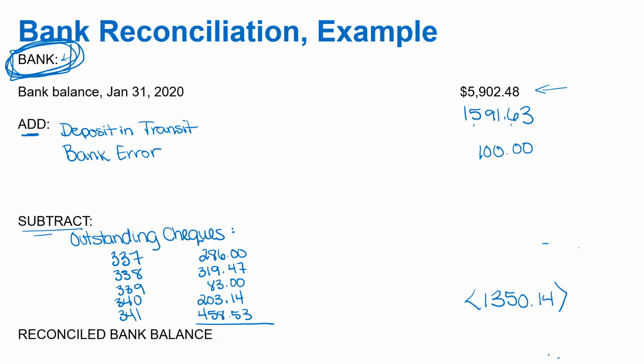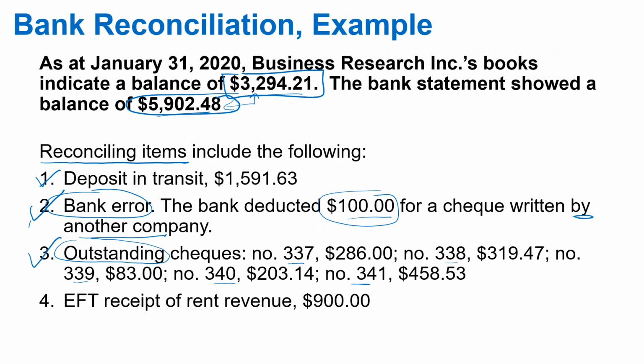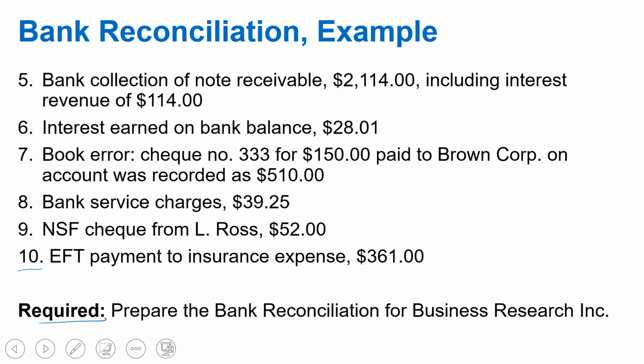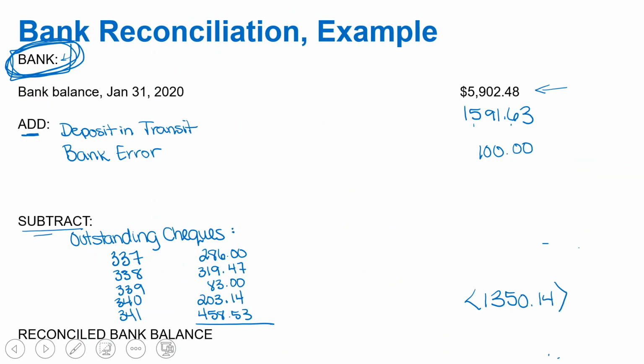Okay. So as we're slotting each of these reconciling items in, this question makes it a little easier. It's kind of going in order. So the next item is an EFT receipt of rent revenue. So that one I know is on the book side. So I'm just going to complete the bank portion here. And the way that you do this is that after you've added, you come up with a subtotal.